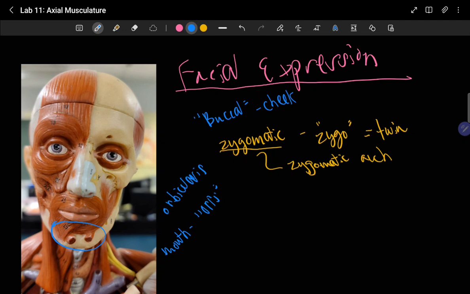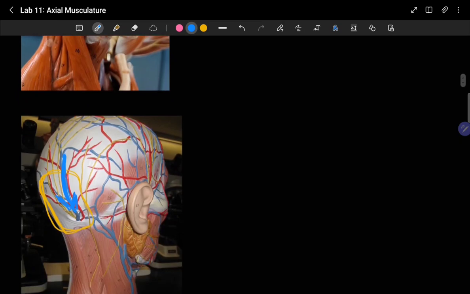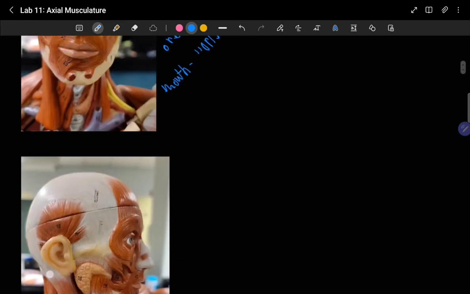The mentalis is cut off here, but it has two kind of prongs of muscle that unite to form the muscle that helps us protrude our lower lip. They're attached from the mental region to our lower lip. An example of this action would be pouting. When you protrude your lip, you create that pout expression. So that's going to be mentalis. Let's see if our other model has it, yeah, probably not.